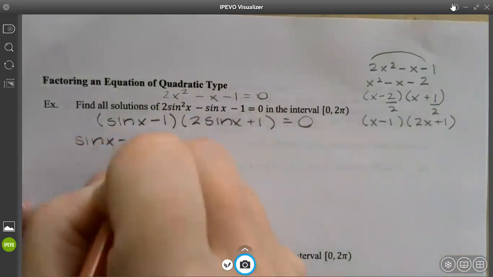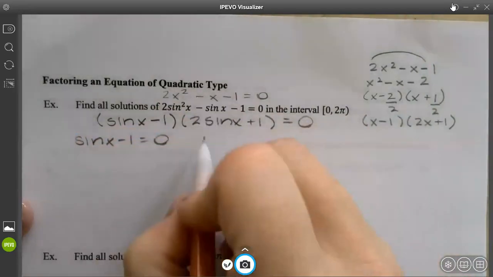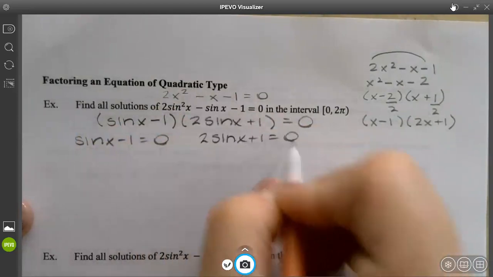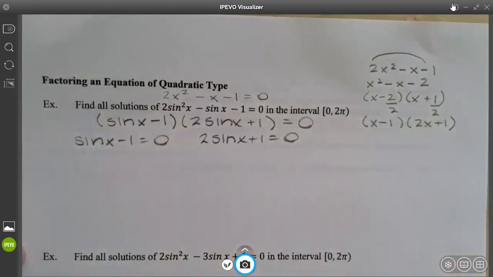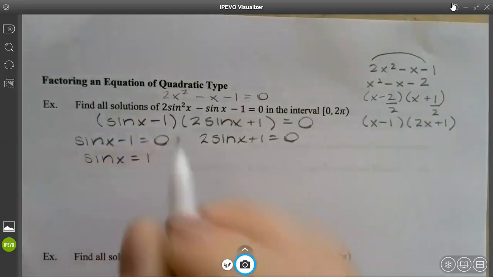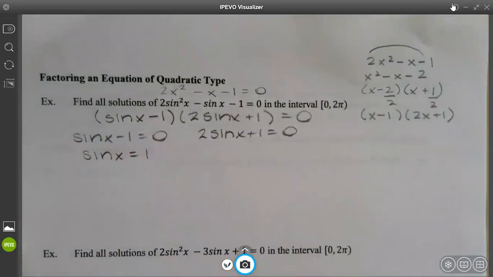Sine x minus 1, we're going to set that factor equal to 0. 2 sine x plus 1, set that factor equal to 0. And then solve. How do I solve the first one?